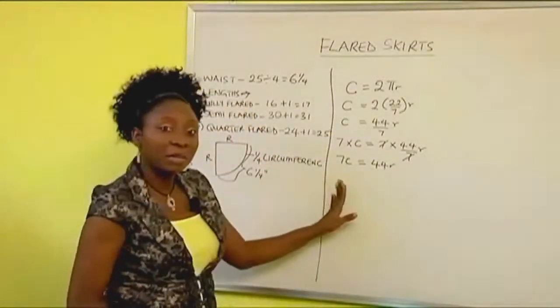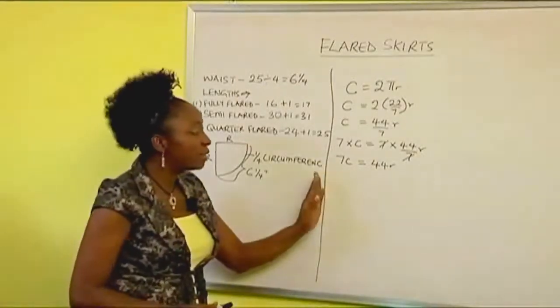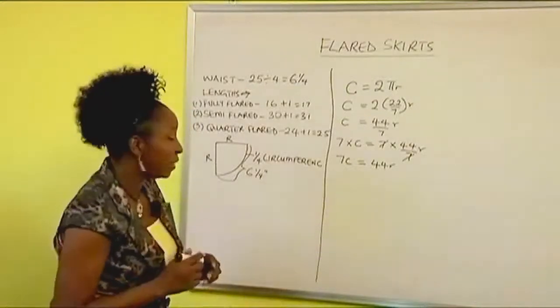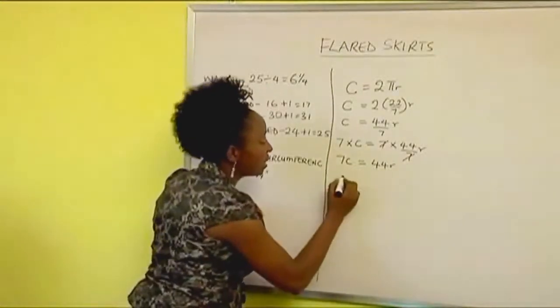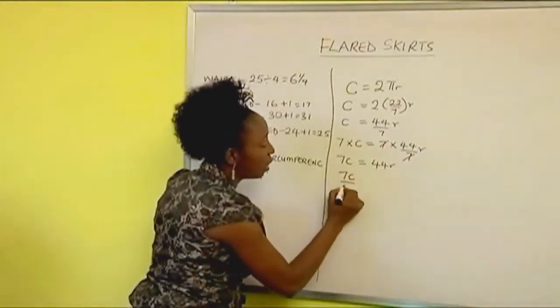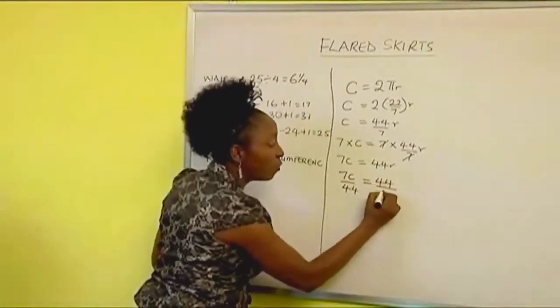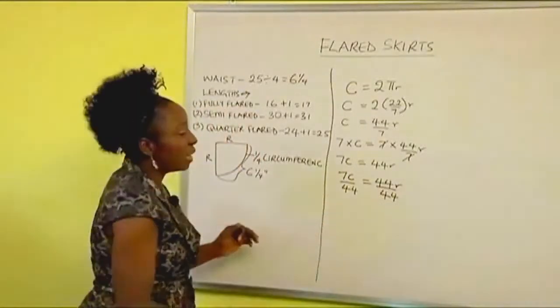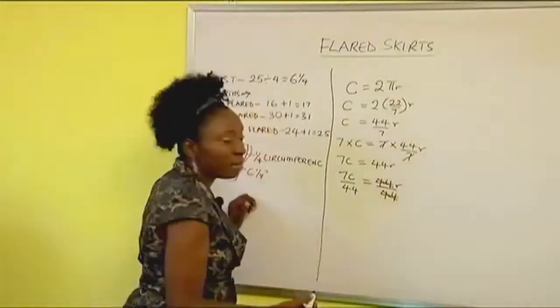So you can see that we're very close to making r the subject of the formula. So I'm going to take this and divide both sides by 44. Very clever. That's why mathematics is very good for life. So 7C divided by 44 would give me 44r/44. Now I just cancel 44 with 44, and what I'm left with is r.